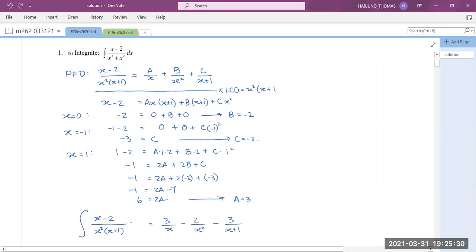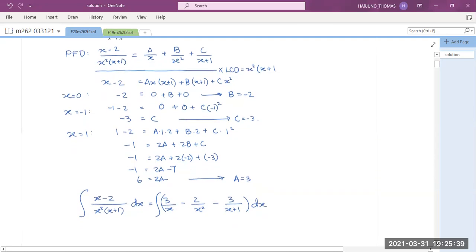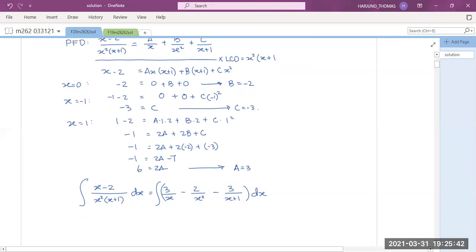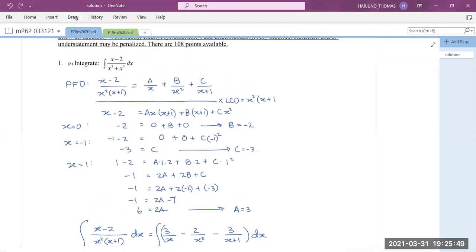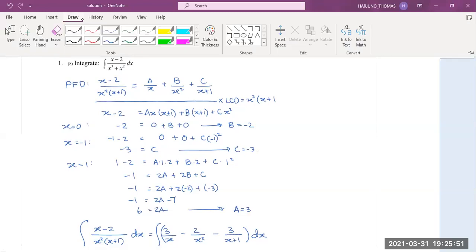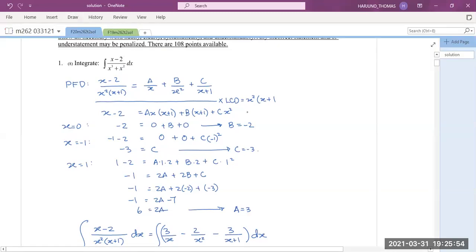Now, if I integrate this, that's the same as integrating this. By the way, for the last number, x equals 1, there's another method you can use. For example, you see that the x squared term on the left-hand side has coefficient 0, like we have 0x squared.